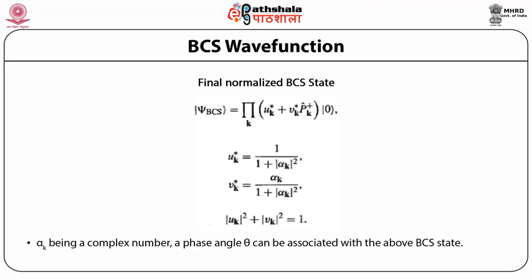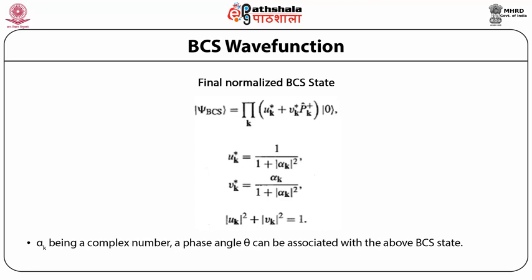Here uk star is equal to 1 divided by the square root of 1 plus mod of alpha k squared, and vk star is equal to alpha k divided by the square root of 1 plus mod of alpha k squared, where mod of uk squared plus mod of vk squared is always equal to 1.